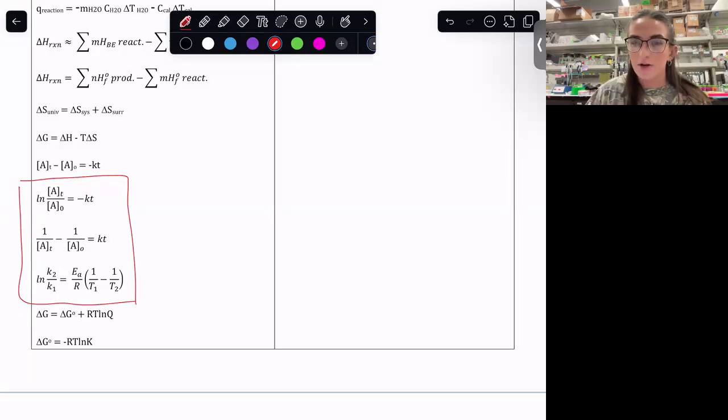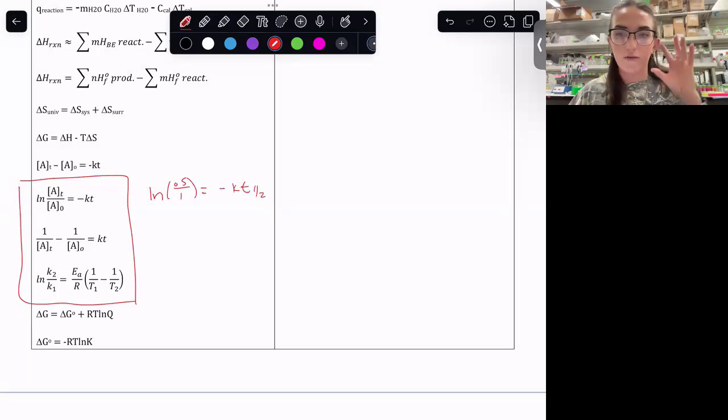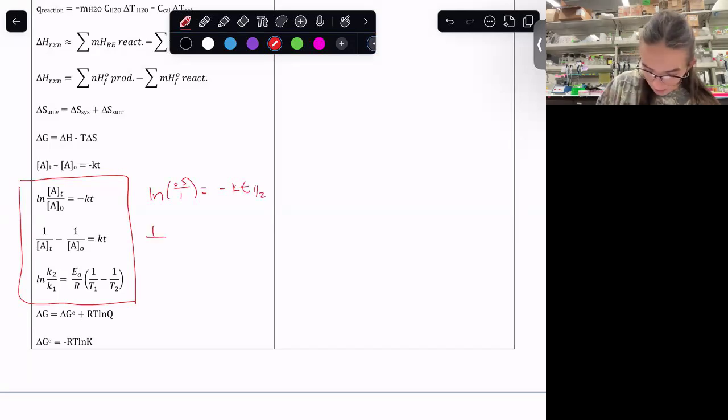So if you want to find the k value using the integrated rate laws that's not the half-life formula, then you're just going to plug in 0.5 over 1 for all of these. And then t becomes T1/2 because you're solving for the half-life of that material. Same thing here, it would be 1 over 0.5 minus 1 over 1 is equal to k times T1/2.